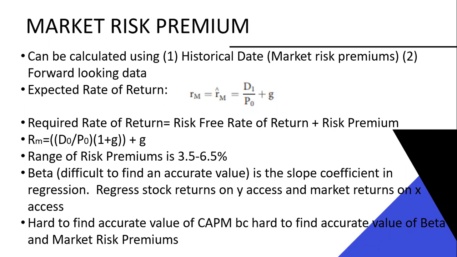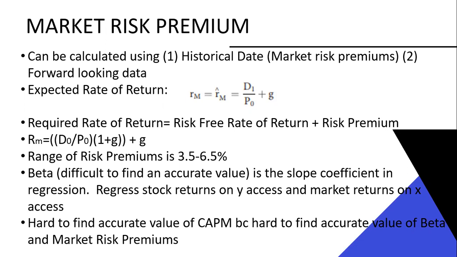When you're calculating beta, as we've discussed in the CAPM in the previous slide, and as we also saw in the CAPM chapter, beta is difficult to find. It's very difficult to find an accurate value for beta. Generally speaking, it is the slope coefficient in regression.